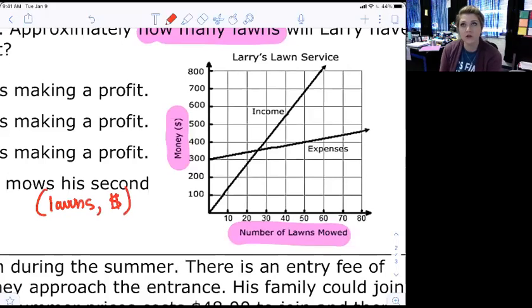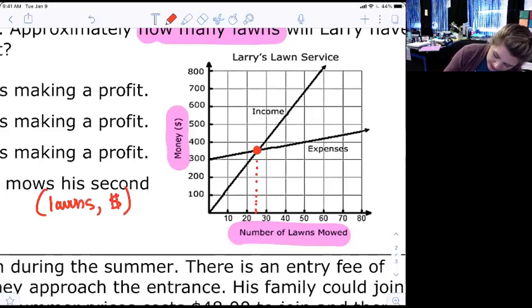Now, what you have to do is find that solution, which is going to be right here. I know it's not on a pretty point, so you kind of have to estimate where it is, but that's going to go down and that's going to be our 25 for our X. And then we're going to come over here and that's going to be our 350 for our Y. Okay.